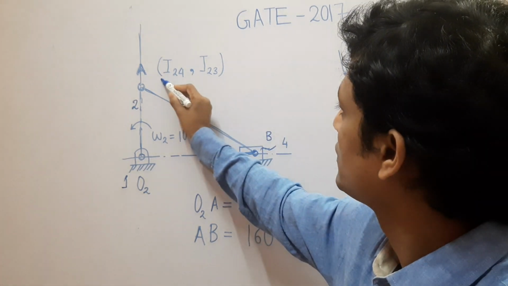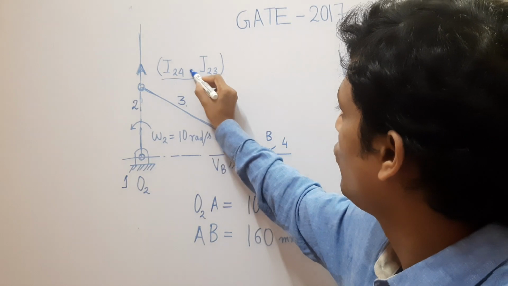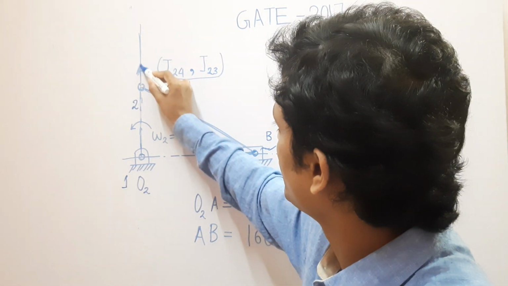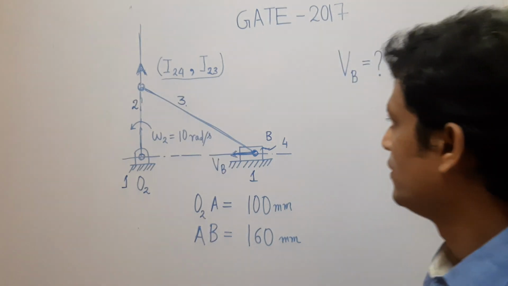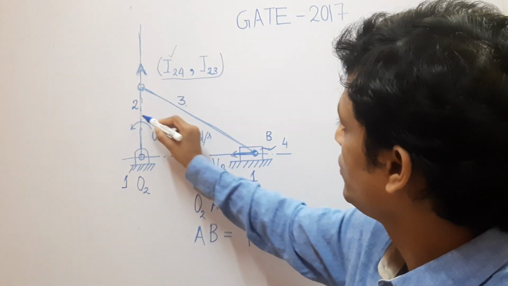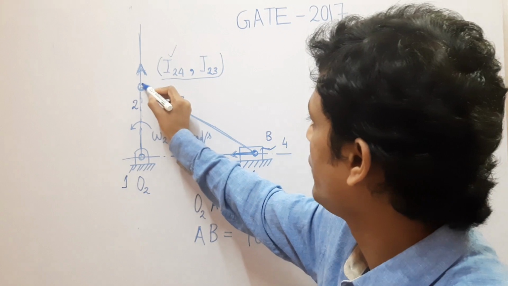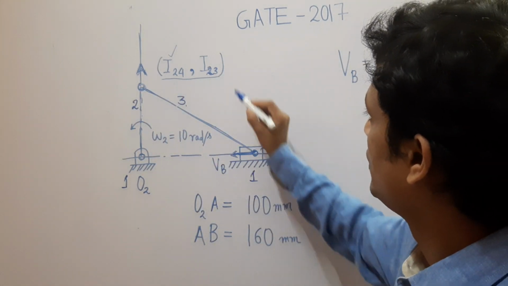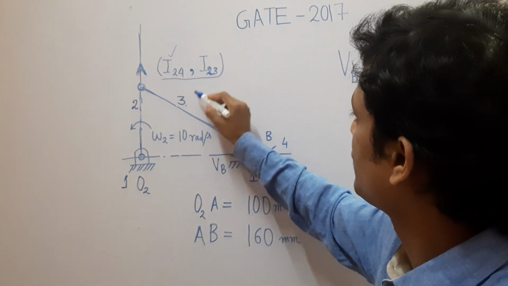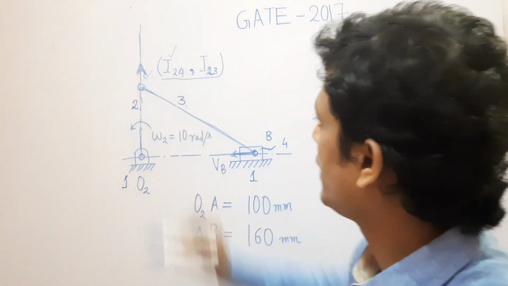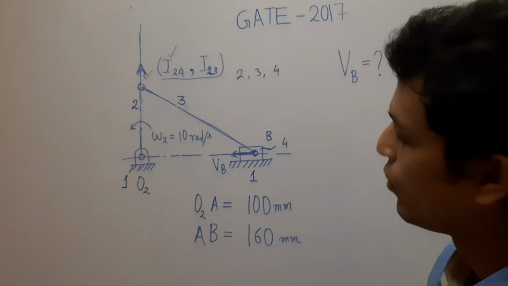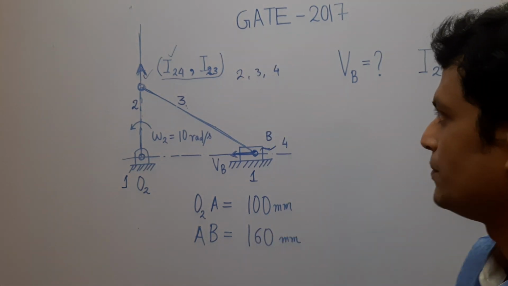So what is the significance of this? That I24 and I23 lie on the same point A. I24 means 2 and 4 have the same velocity at A, and I23 means 2 and 3 have the same velocity at A.